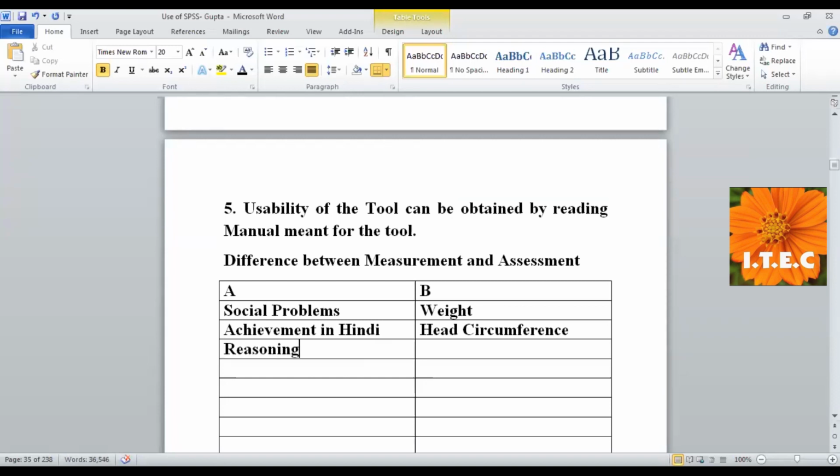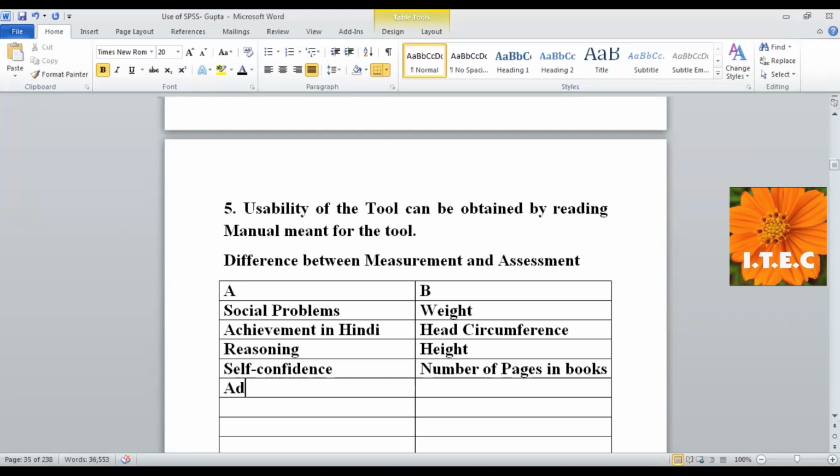Reasoning is the example under A, and here it is height. Here it is self-confidence. Here it is number of pages in books.